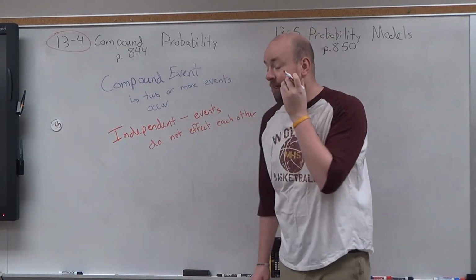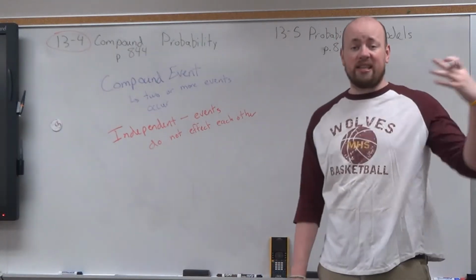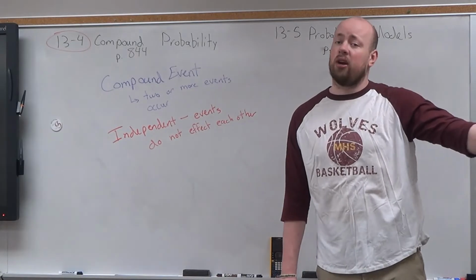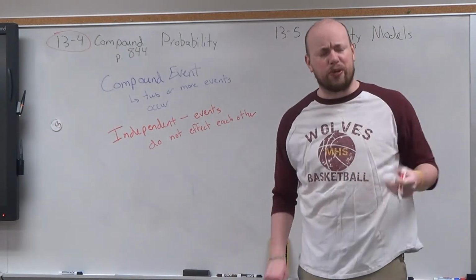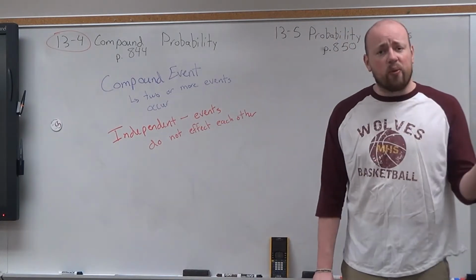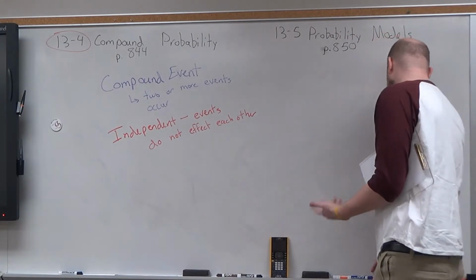Again, based on that example, where if I roll a 6-sided number cube and I flip a coin, the coin does not affect my dice at all. My dice doesn't affect my coin at all, unless somehow they were to smash into each other and affect the result. But they would not have any influence over each other, so they'd be independent events.